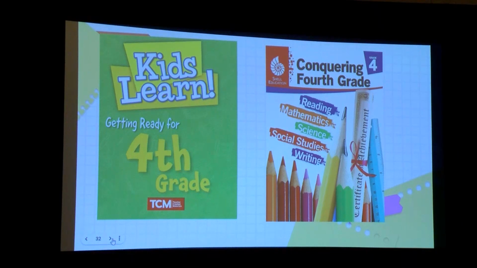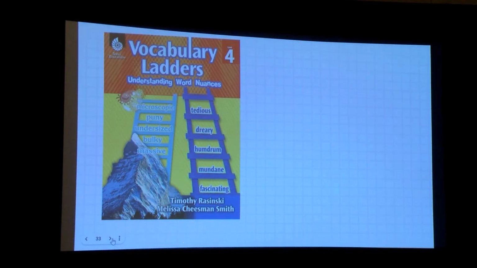If you flip it over, all of the standards that your child will learn this year in reading and language arts are listed on the back. Those are your priority standards. This book also has clear explanations and engaging activities that make it easy for you to support learning at home. All right, I'm going to turn it over to Ms. Haynes.